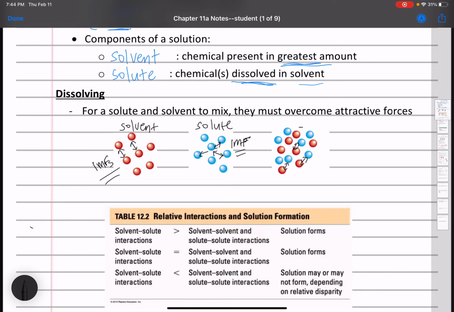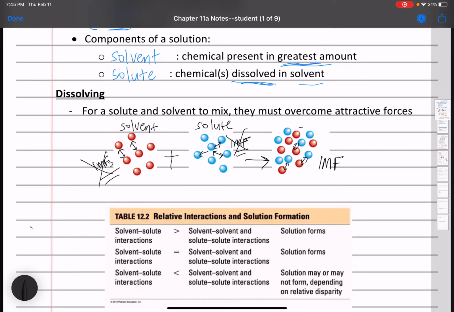So we are disrupting the intermolecular forces. We need to disturb, overcome those intermolecular forces in the solute and solvent so that we can establish new intermolecular forces between the two molecules when we make a solution.